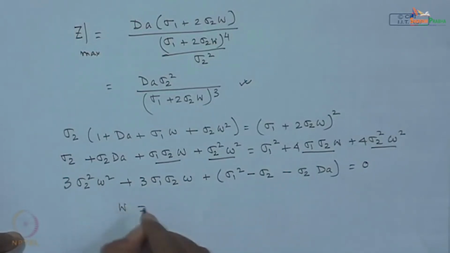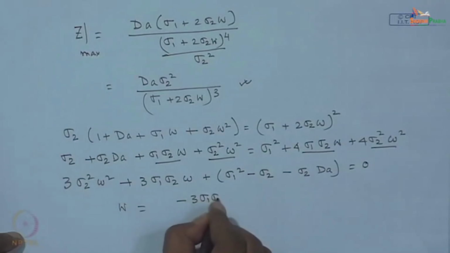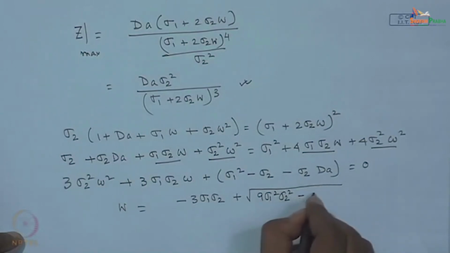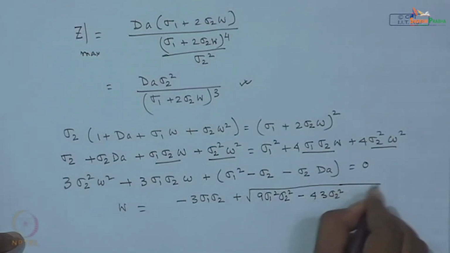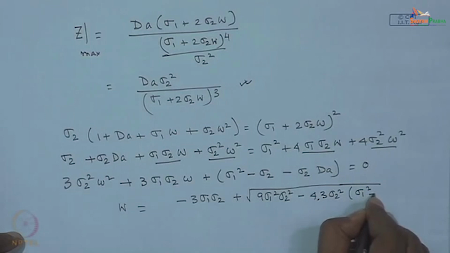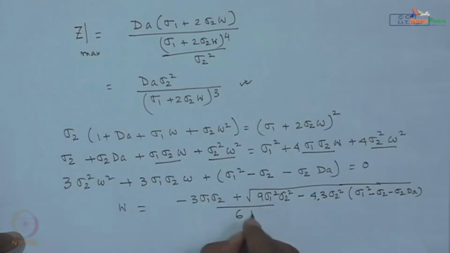So, W is obtained as minus 3 sigma 1 sigma 2 plus, we should not take the plus or minus, I will come to that later on, plus root over B square, that is 9 sigma 1 square sigma 2 square minus 4 into 3 sigma 2 square multiplied by sigma 1 square minus sigma 2 minus sigma 2 dA, divided by 6 sigma 2 square. Okay, so you can simplify this equation a little bit.